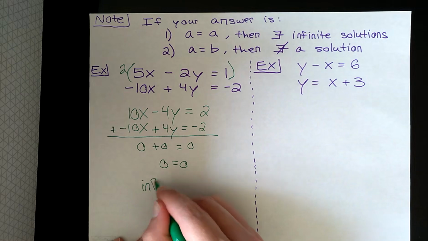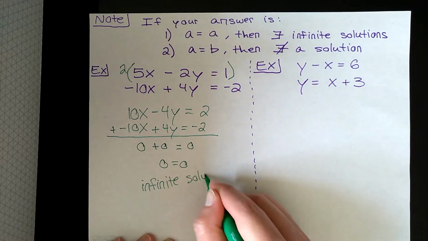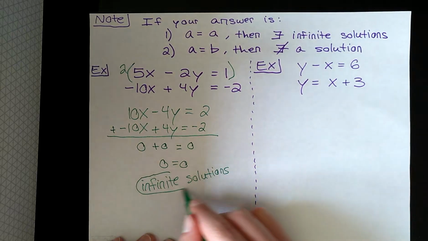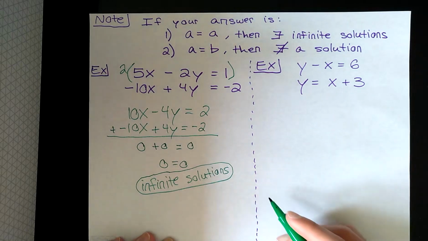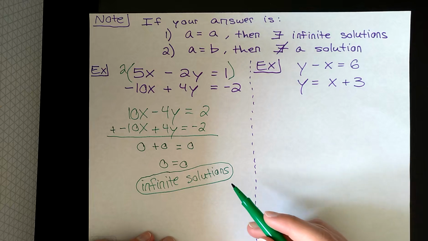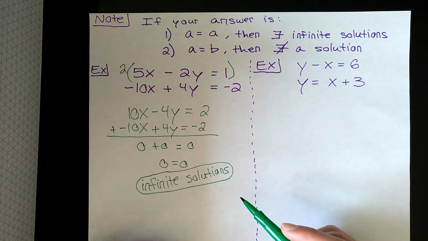There are infinite solutions because these two lines intersect completely. They don't intersect at one point, they literally lie on top of one another, so any point on the first line will be a point on the second line.